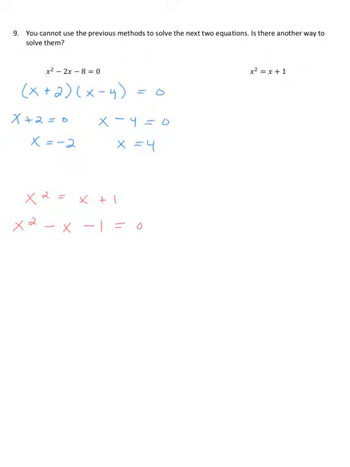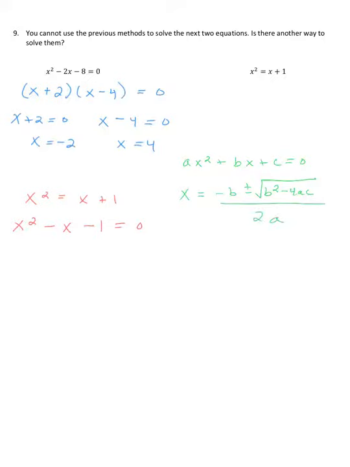And so we're going to have to use a different strategy. And in that case, I want to use the quadratic formula. The quadratic formula says ax squared plus bx plus c equals 0 precisely when x is equal to negative b plus or minus the square root of b squared minus 4ac all over 2a.